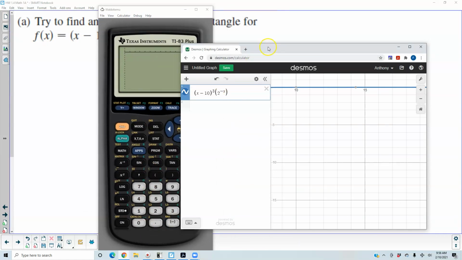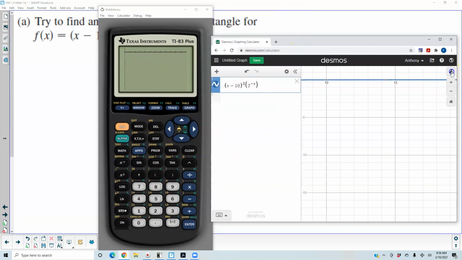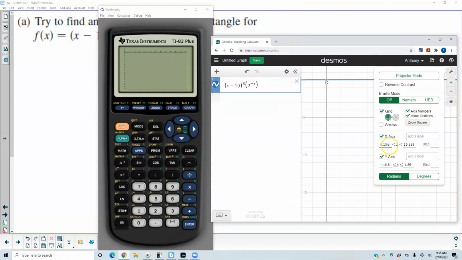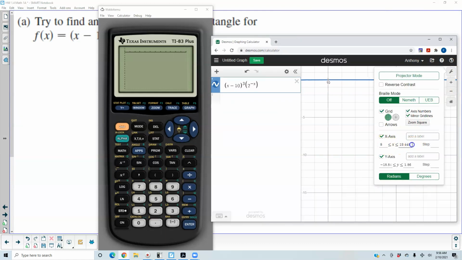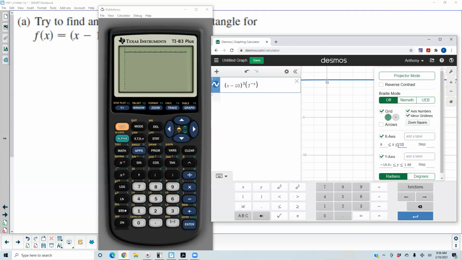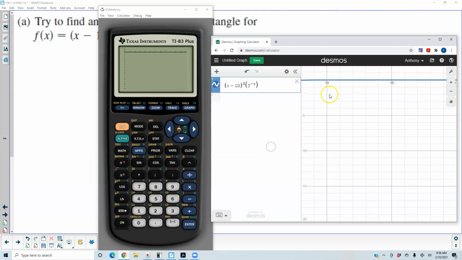Let's take a look at that on Desmos. Using the same, we're going to use 8, and then this is 20, and then negative 20 to 2. Again, we can see that the line is right on the x-axis.